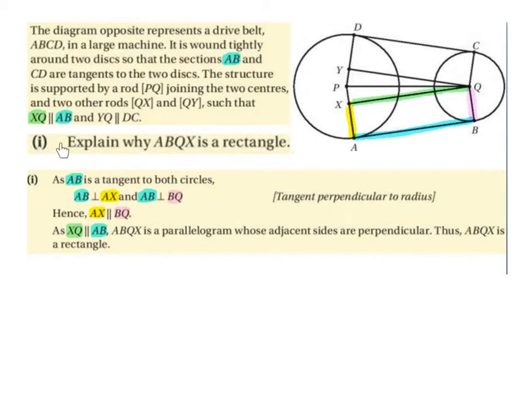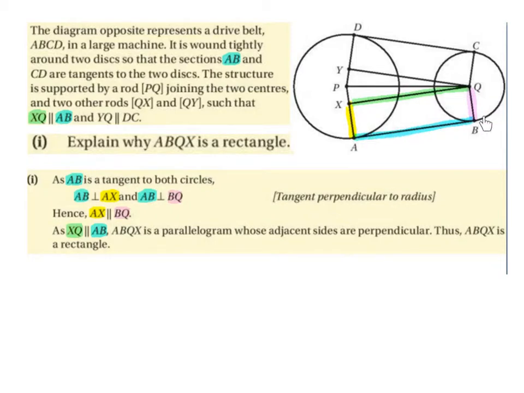So part 1, explain why ABQX is a rectangle. Okay, so as AB is a tangent to both circles, so AB in blue is a tangent to the smaller disc and the larger disc or circle, AB is perpendicular to AX.